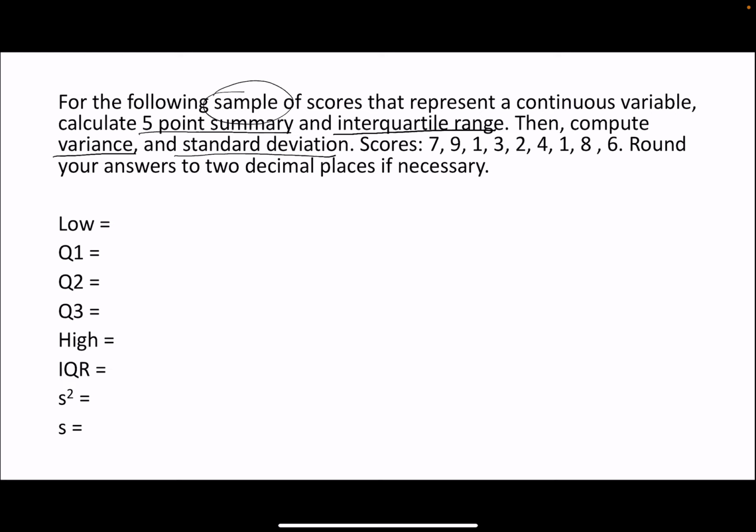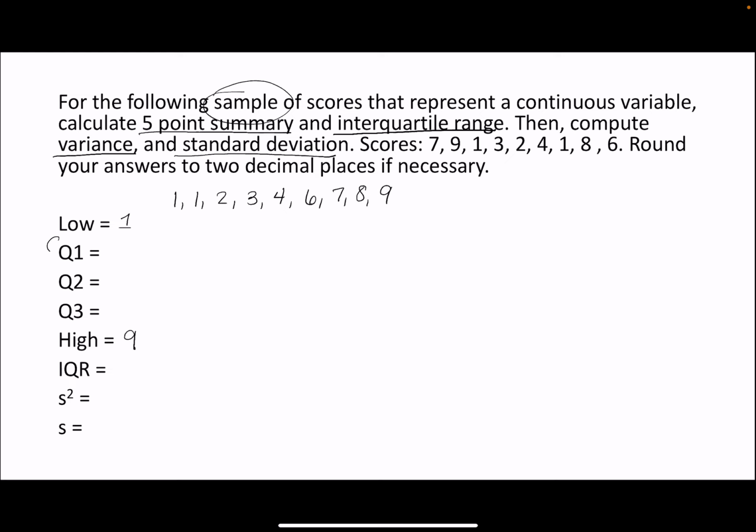For our 5-point summary, we are going to put these numbers in order. If we put them in order, we have 1, 1, 2, 3, 4, 6, 7, 8, and 9. The easiest two that we can do are the low, which is the number 1, and the high, which is 9.